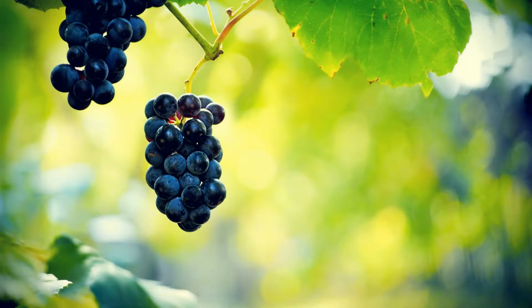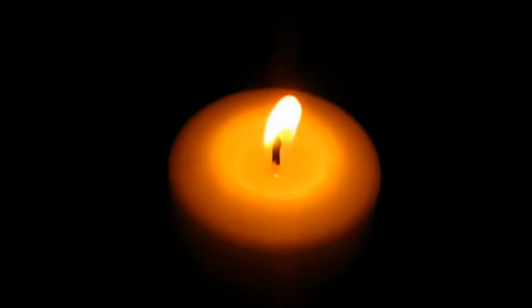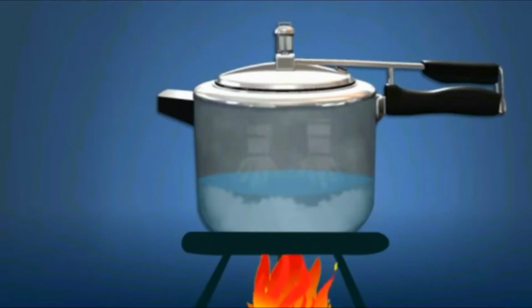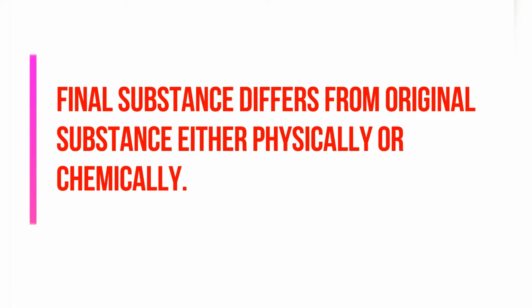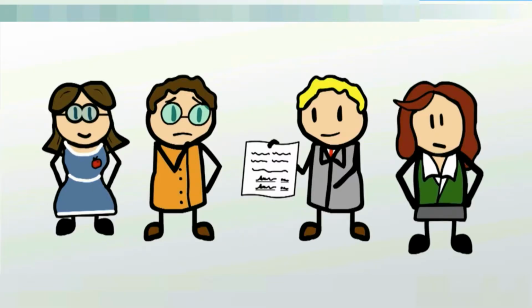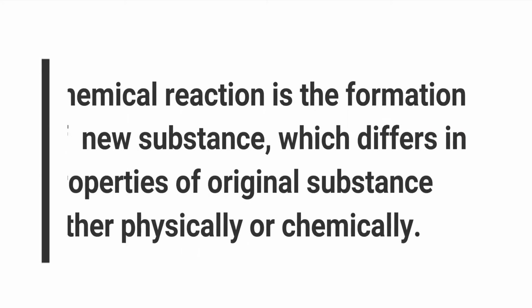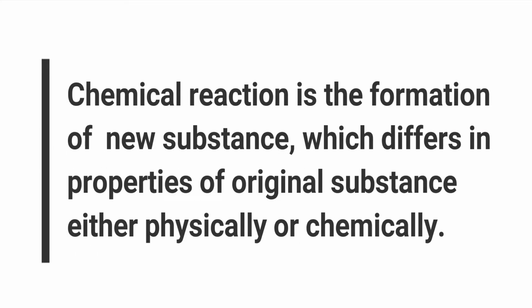What happens when candle wax burns? What happens when food is cooked? What you would find is that the final substance differs from the original substance either physically or chemically. So we can say that a chemical reaction is the formation of a new substance, which differs in properties from the original substance, either physically or chemically.